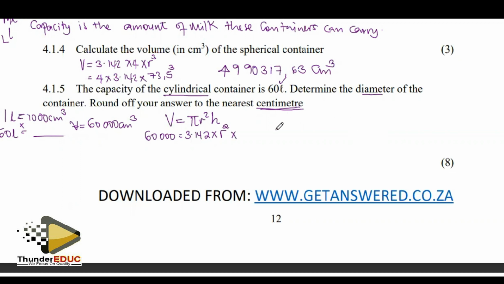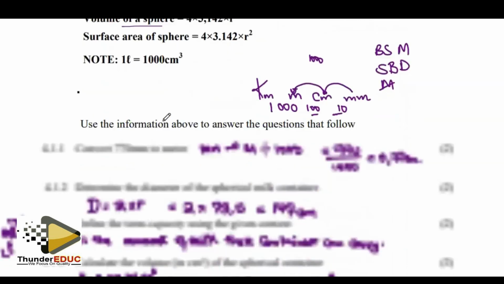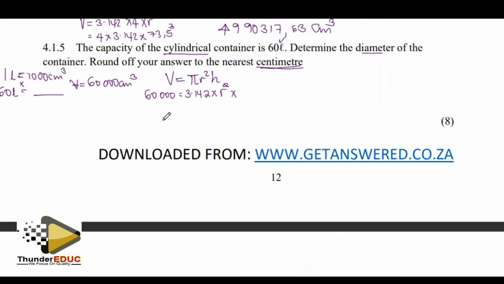Remember, with the height, we said the height is 770 millimeters. Let's change it to centimeters. It becomes divide by 10. You end up having 77 centimeters. This is the height, so I bring it here.